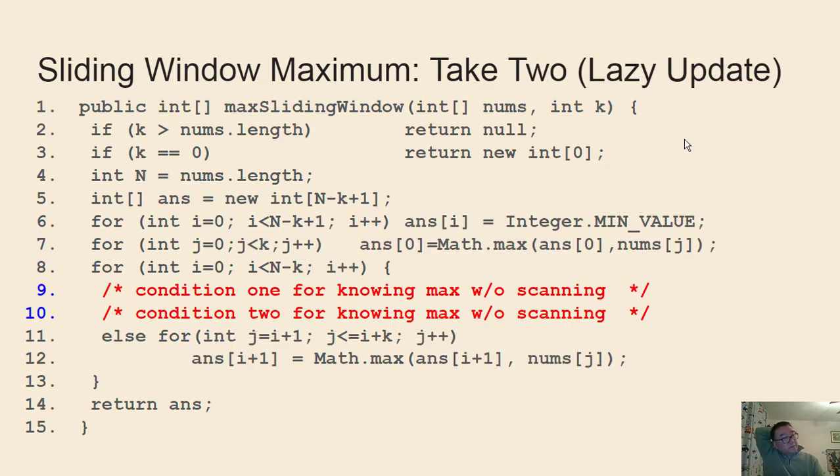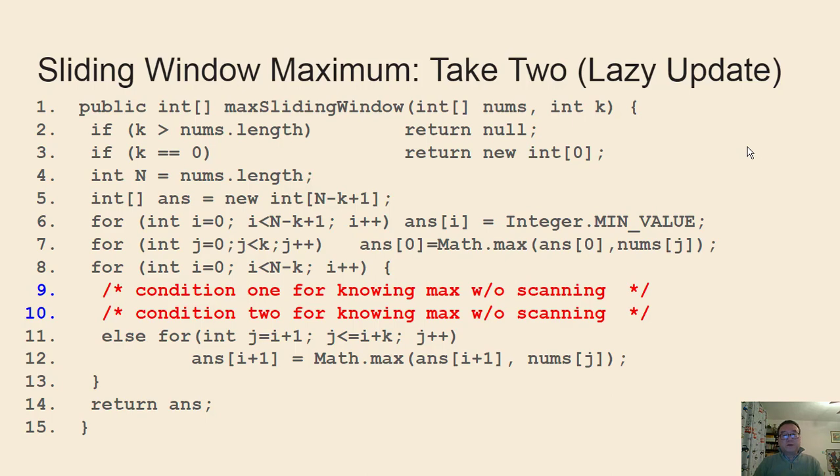One idea is that we don't have to find this max value by scanning through the array every time. Sometimes we can know what the max value is when we shift the window by 1, without scanning through the whole window.